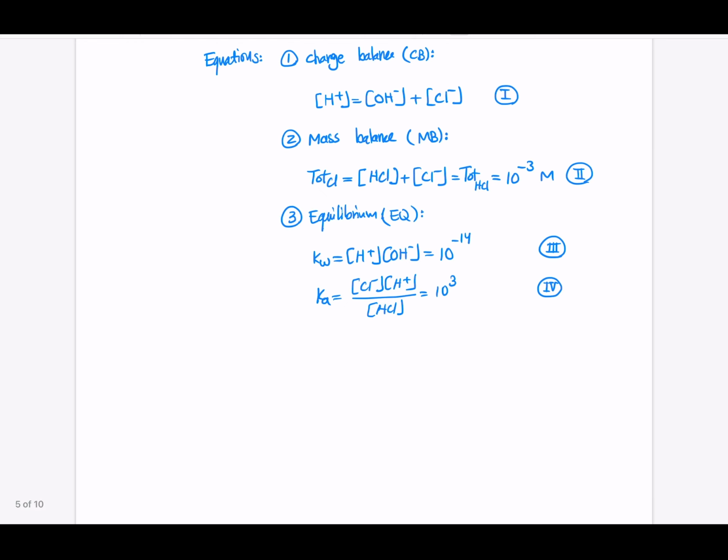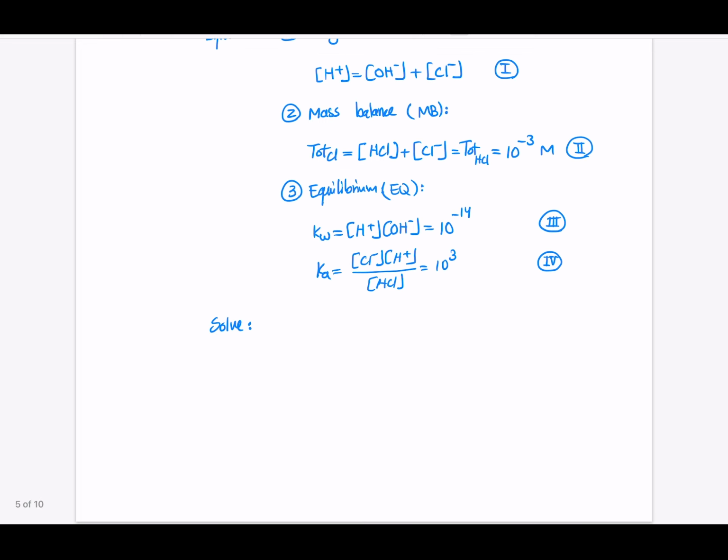The easiest way to approach this is always to use charge balance equation, also for algebra kind of calculation. So to solve it, what I suggest is to look at the charge balance, which in this case is H plus equals OH minus plus Cl minus. And then see how you can relate all the other species to the concentration of proton.